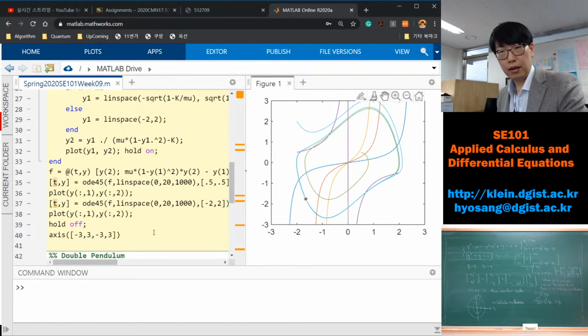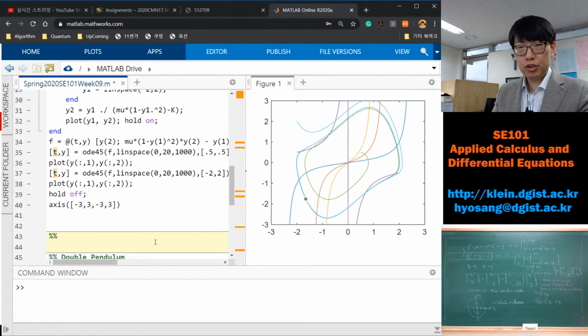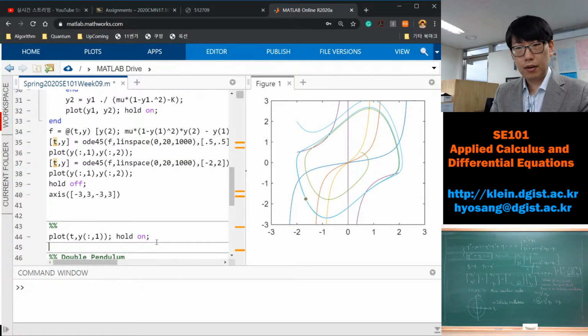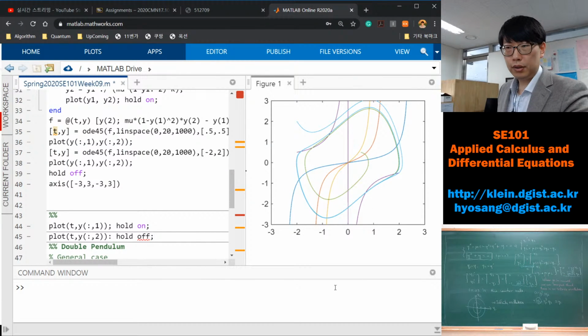So again, what I mean by oscillation is that it's oscillating in time, not oscillating inside of this y1, y2 plane. So what I'm trying to say is this y1 and y2 are actually oscillating functions, and the result is the following.